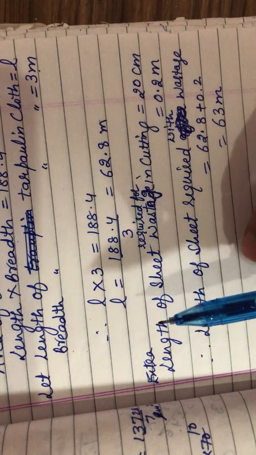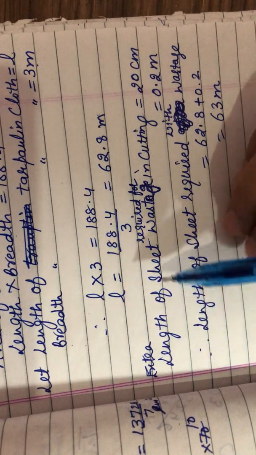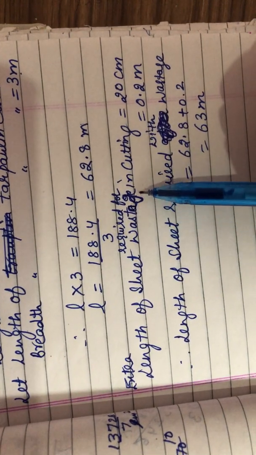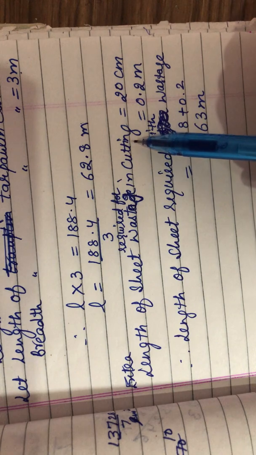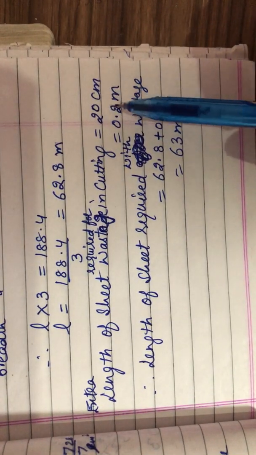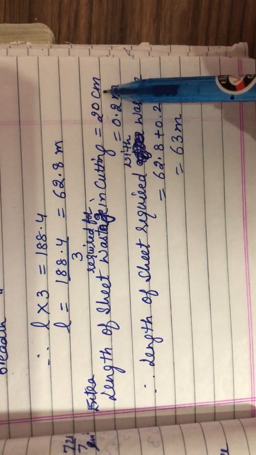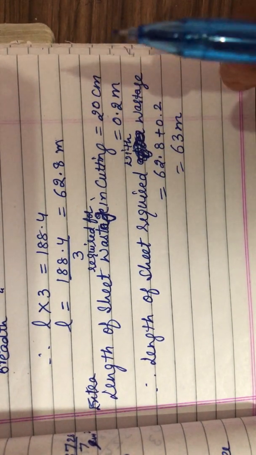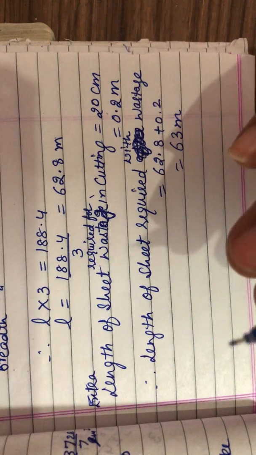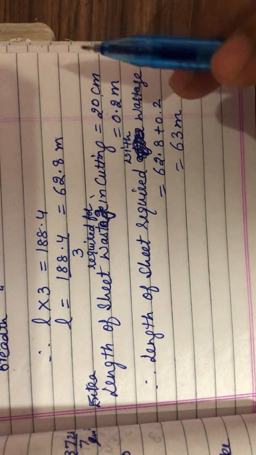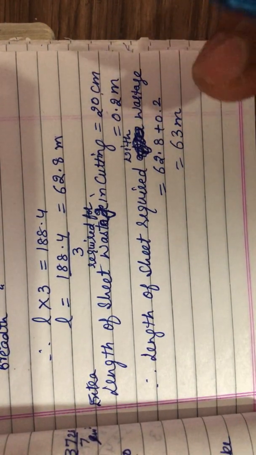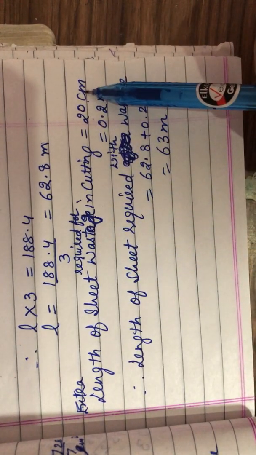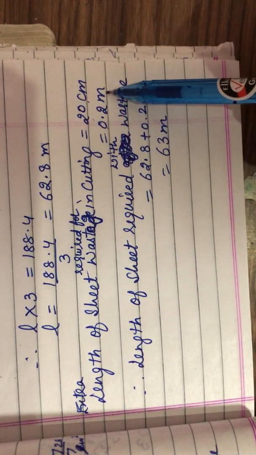But one more thing is given to us, that the extra length of sheet that is required for wastage in cutting and margins is 20 centimeter. It means 20 centimeter extra length of cloth is required for margins and wastage when the tent will be stitched. So convert centimeter into meter, 0.2 meter it is.